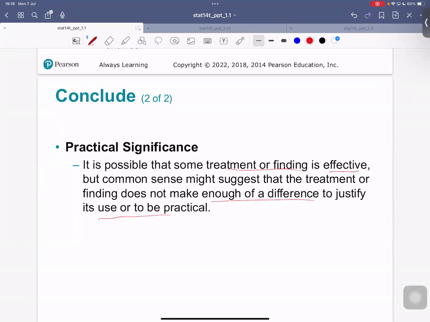The employee wouldn't consider it an improvement because it's just $1,000 per year, right? And the cost of the training may even be more than $1,000 because they have to do the training, for example. So in this case, we don't have enough evidence to make sure that it's practically significant. Are we good, everyone? Because the example doesn't give us enough information, so that's why we can conclude that.